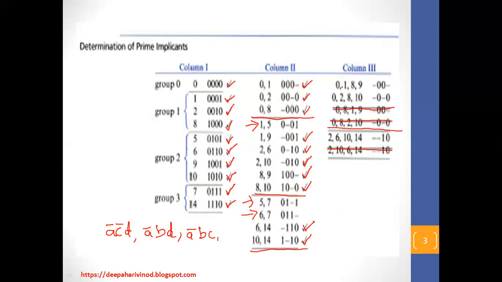So we need to consider this one, where you have only two terms, that is B bar C bar. Next it is 2, 0 to 8, 10, that is B bar D bar.